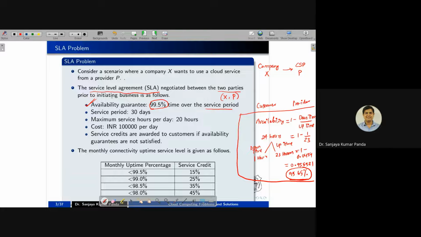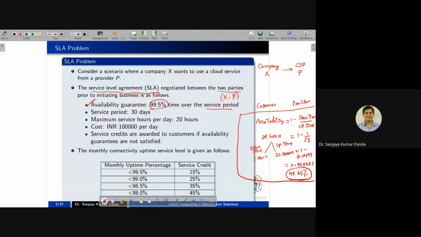Okay, now you understand what availability is. Sometimes availability is given with respect to uptime and downtime. So I can say a system is working for 24 hours and the downtime is 5 minutes. So uptime is 24 hours, downtime is 5 minutes.